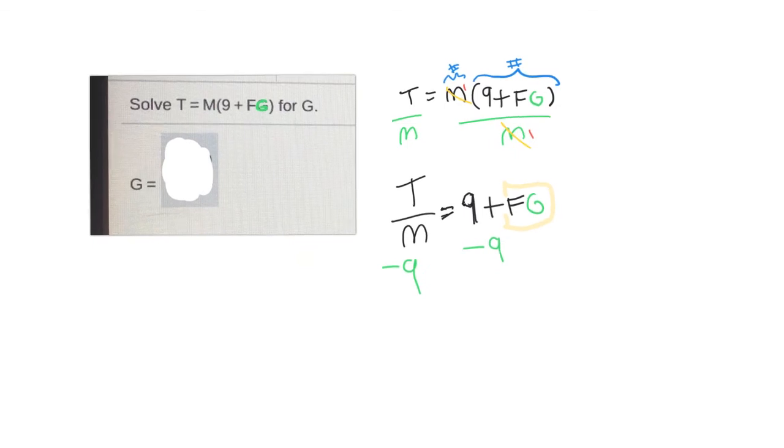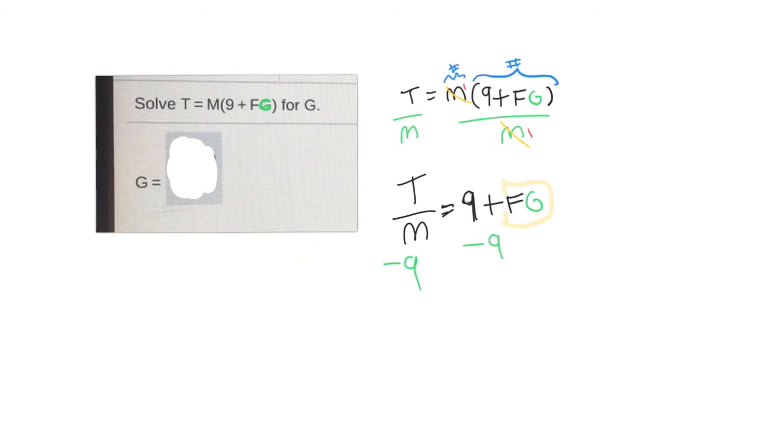So when we do that, obviously we will get this lovely cancellation. Now, we're going to focus on this side here. We have t over m minus 9. Now, t over m is a fraction, so it's like a fraction minus 9. So we're going to write the fraction minus 9.